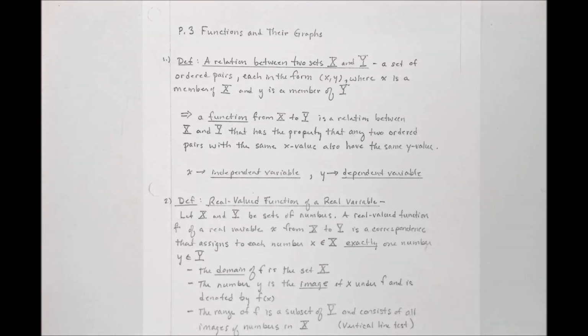A real valued function of a real variable: let X and Y be sets of numbers. A real valued function f, and we like to use lowercase letters like f or g or h, of a real variable x from set X to set Y is a correspondence that assigns to each number x in the set X exactly one number y, which is in the set Y. So again, you can't have the same x with more than one y, and we typically refer to the set X as the domain of the function.